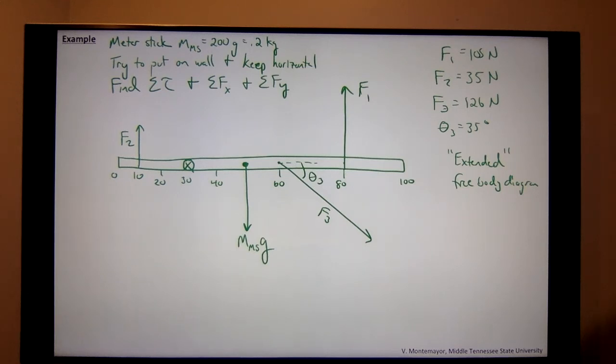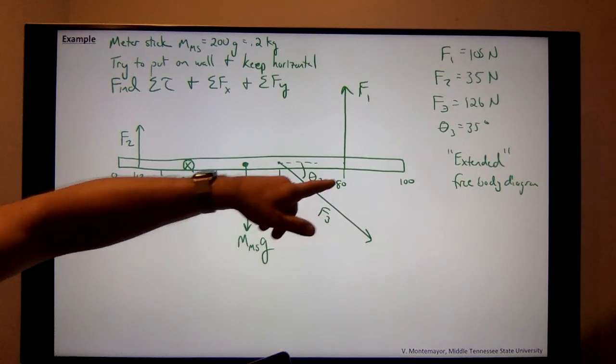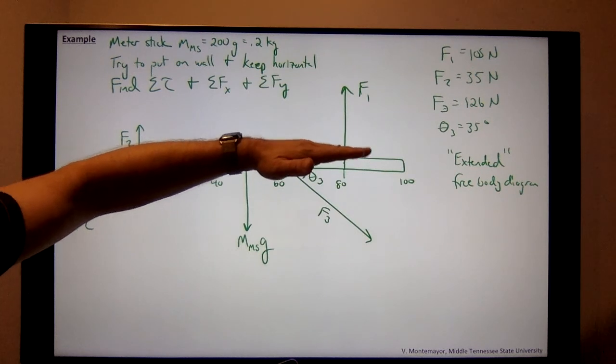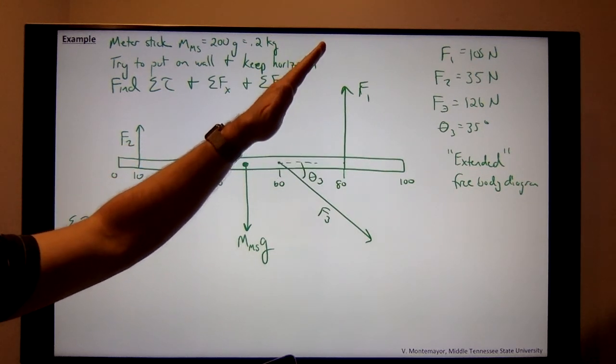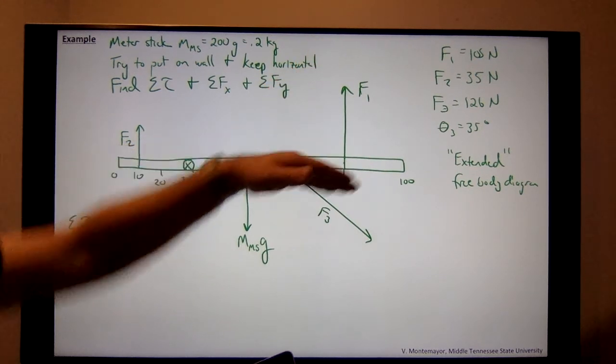So let's start with the torque. The sum of the torque is going to be equal to the torque from all four of these forces. We're going to say that the torque is positive if it may cause a counterclockwise rotation. So force 1 wants to make it rotate that way. That's counterclockwise, that's a positive torque.